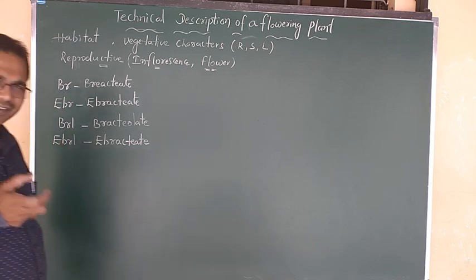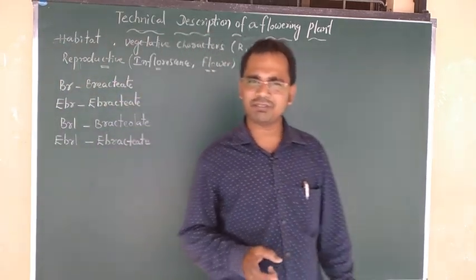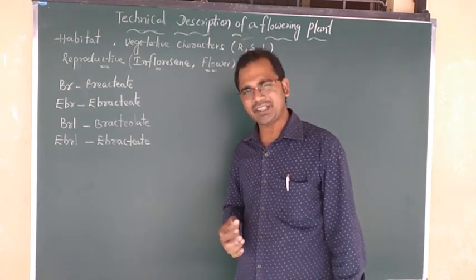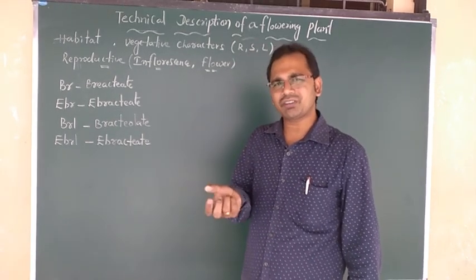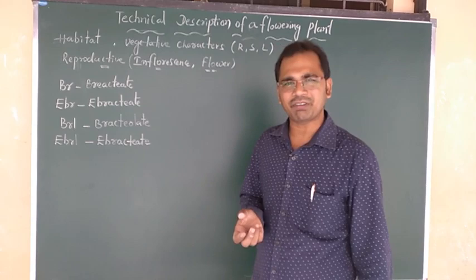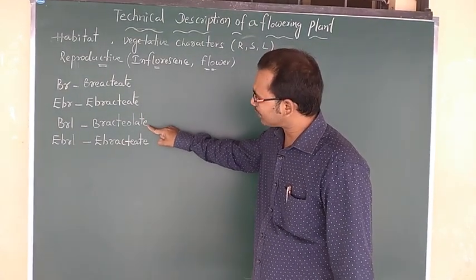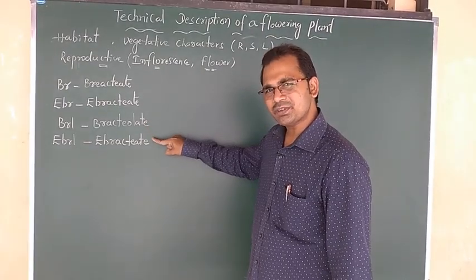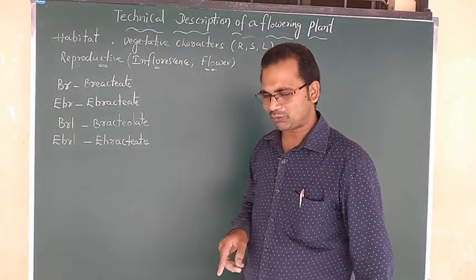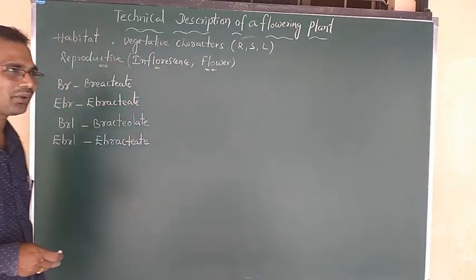What is the difference here? The flower with bract we call bracteate, without bract ebracteate. Similarly, the flower with bracteole we call bracteolate, and absence of bracteole we call ebracteolate flower.